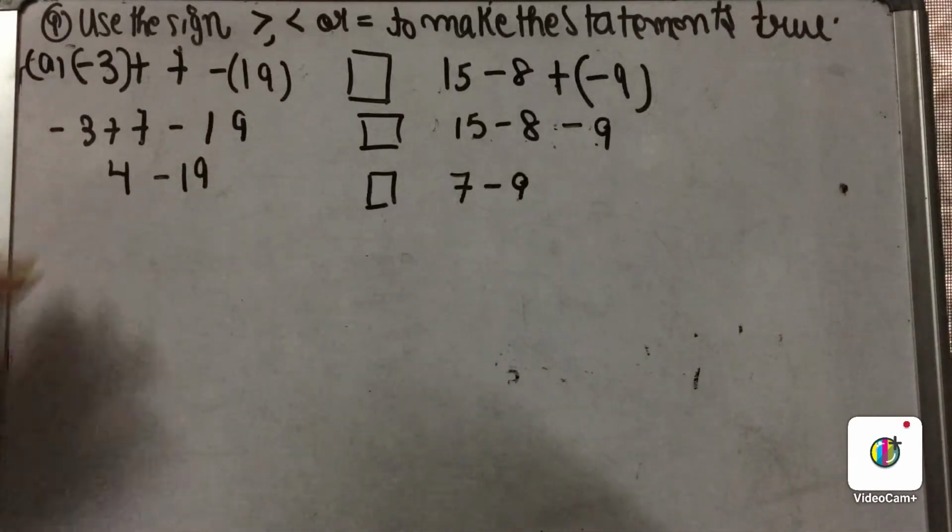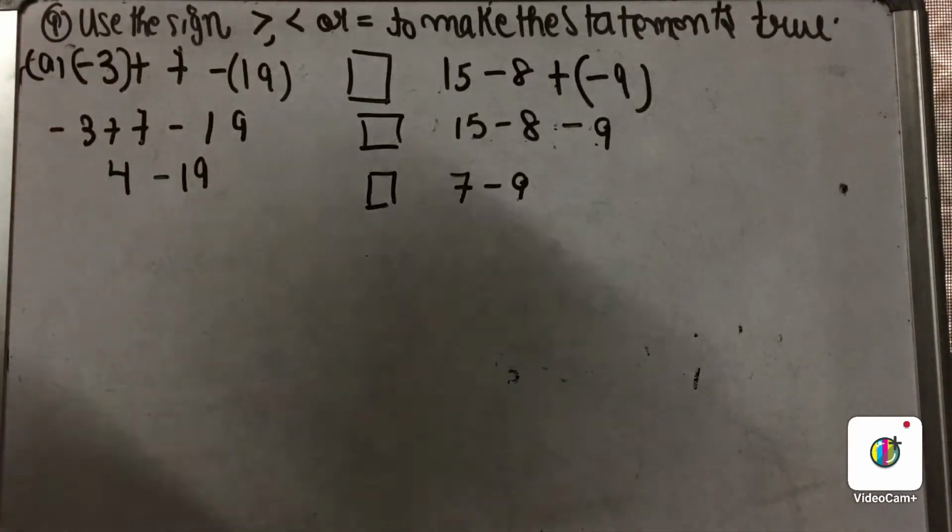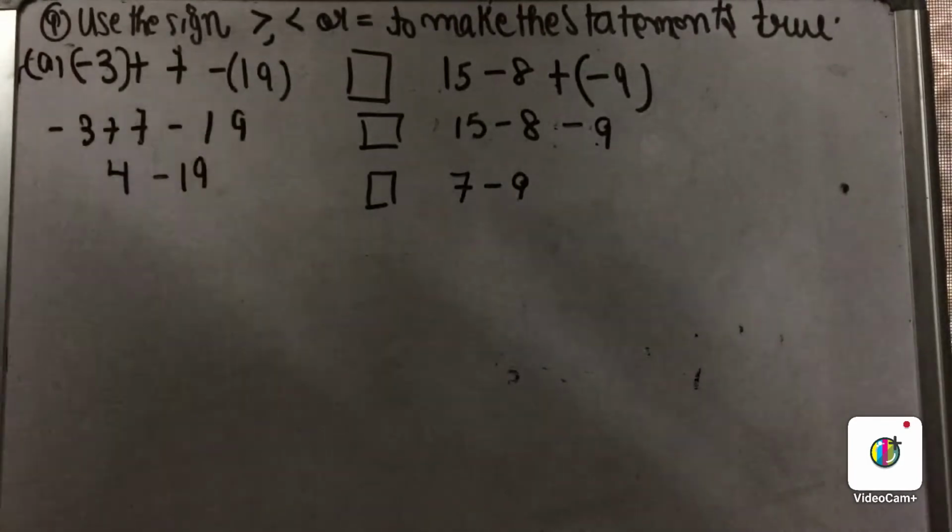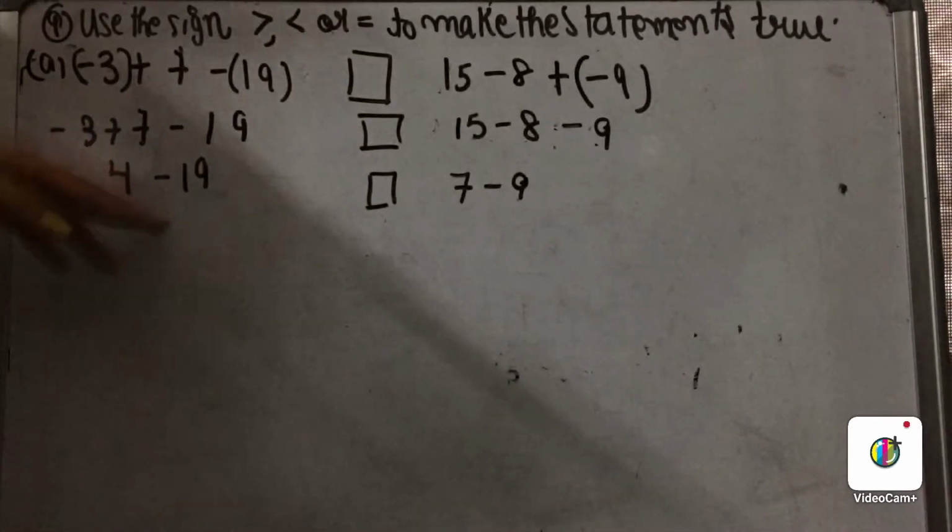Now let us move to our left hand side. So now what is 4 minus 19? 4 minus, now plus minus is minus.